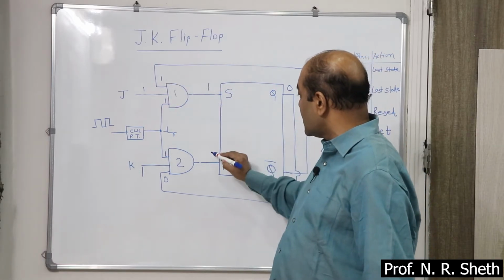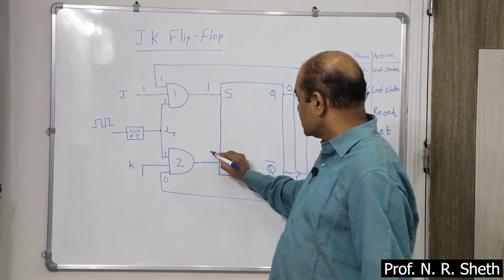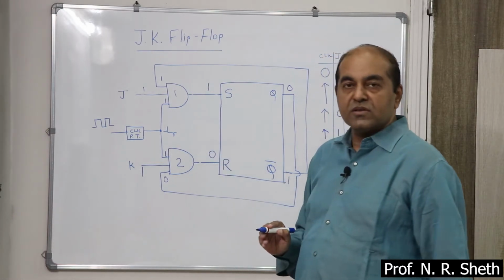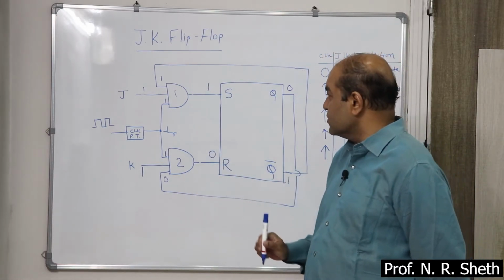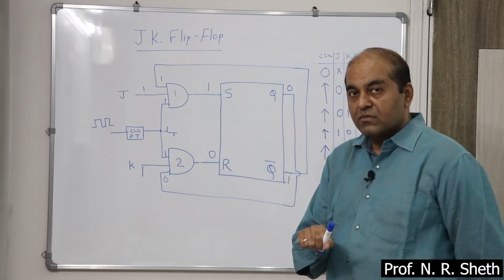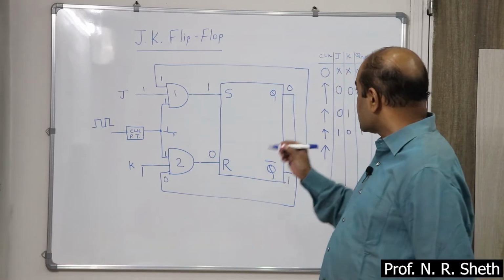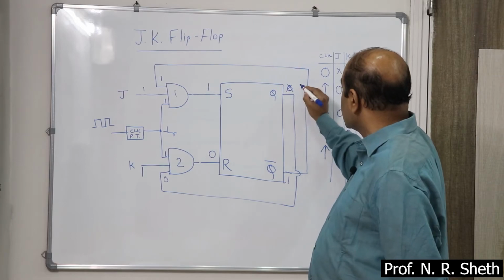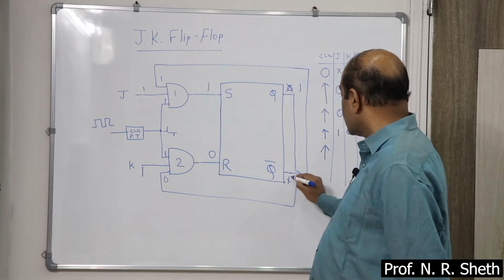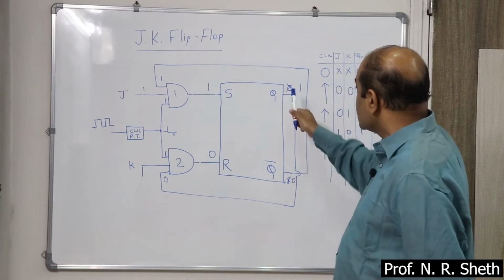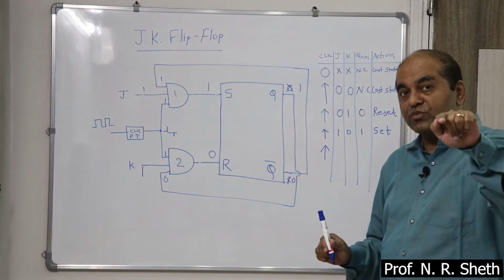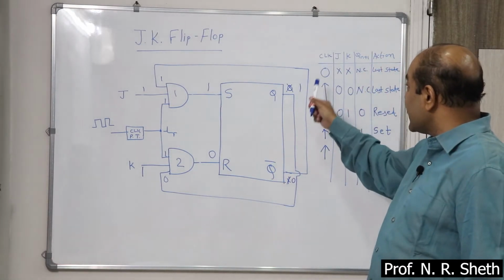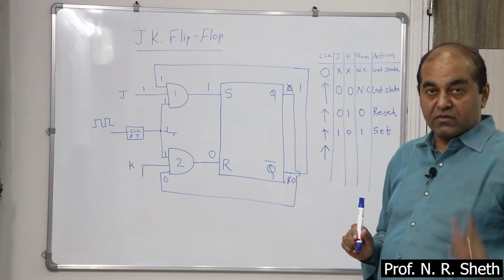So S is 1, this one R is 0 because one input is 0. S is 1, R is 0. So in next pulse, this becomes 1. Means in previous stage, we have assumed that Q is 0, but on the next pulse, it becomes 1.